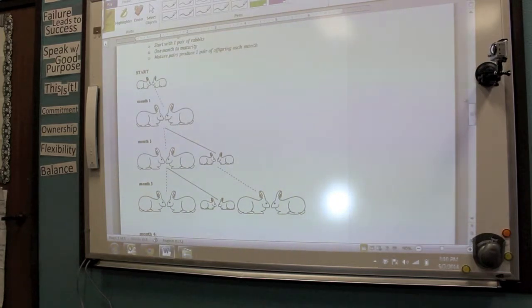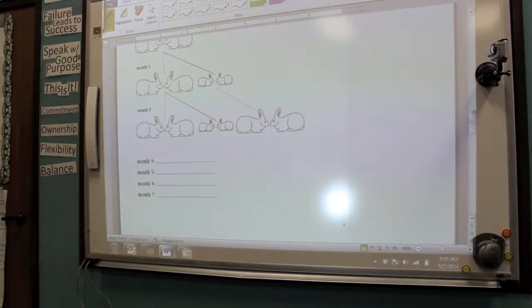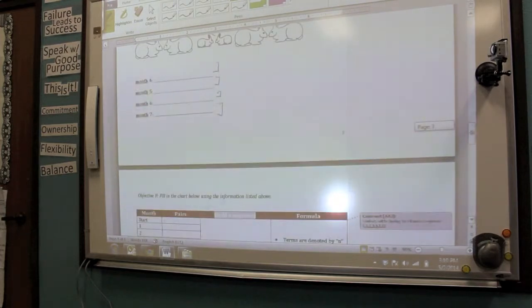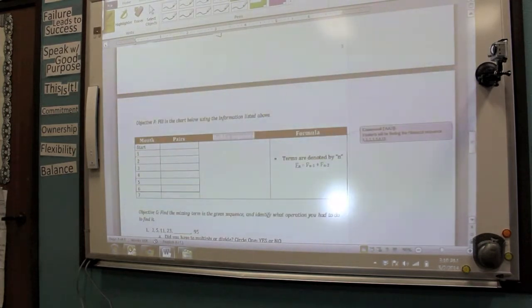The students will be asked to come up with the numbers for how many bunnies are in month 4, month 5, 6, and 7. Once they find those out, they're going to organize the amount of bunnies here, starting with the number of pairs and then the months.